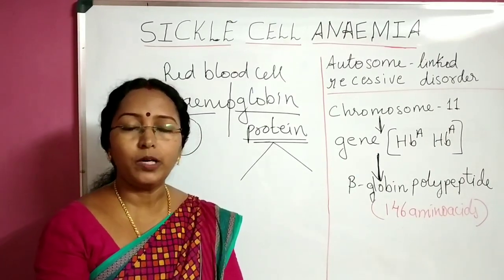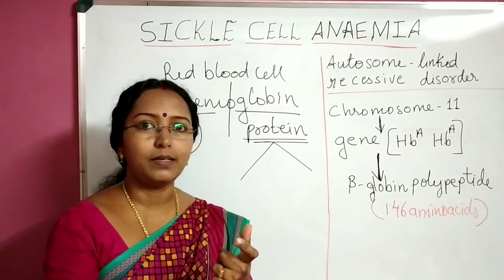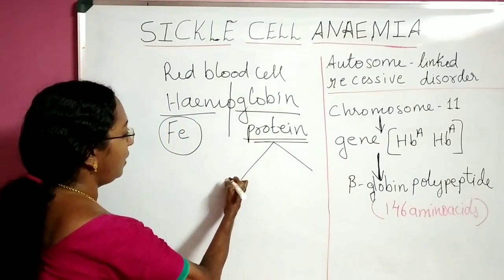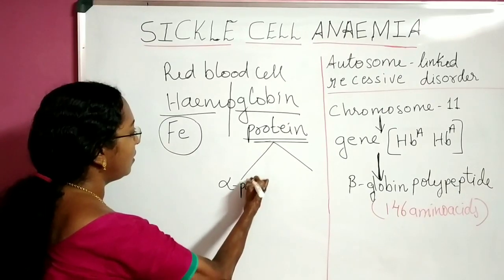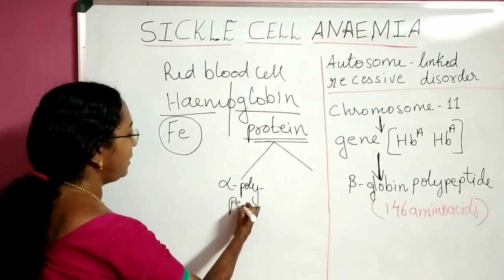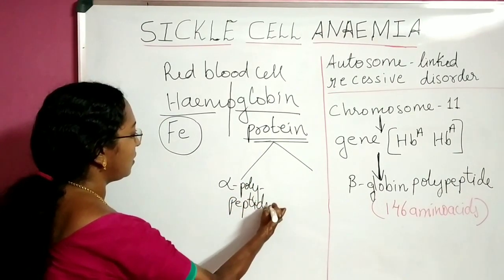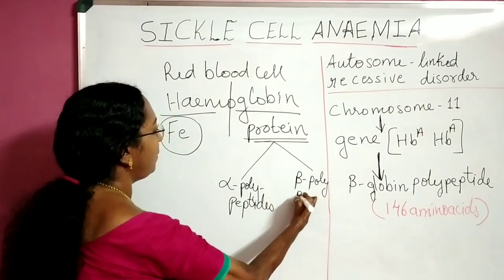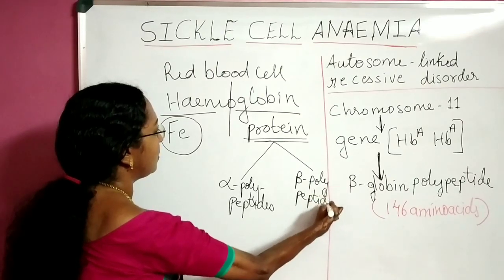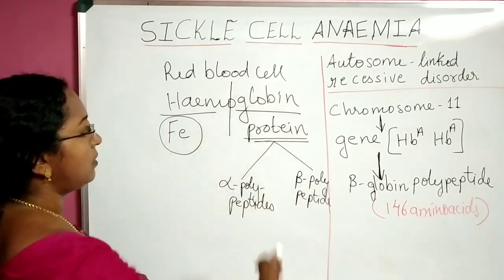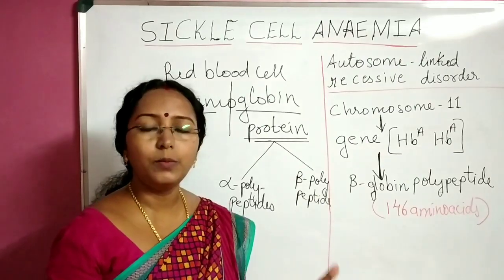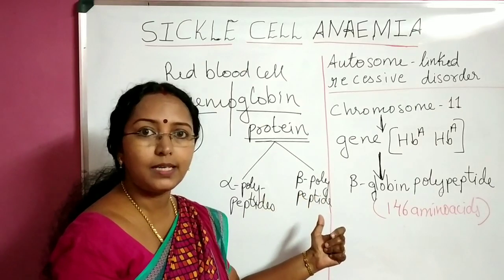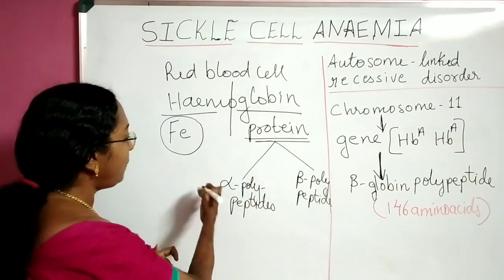This globin protein is made up of actually 4 polypeptides. 2 types of polypeptides, but they are 4 in number. The 2 types are alpha polypeptides and beta polypeptides. This alpha polypeptide is 2 in number.